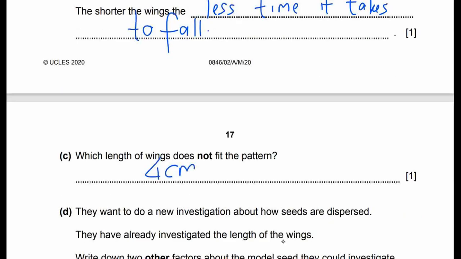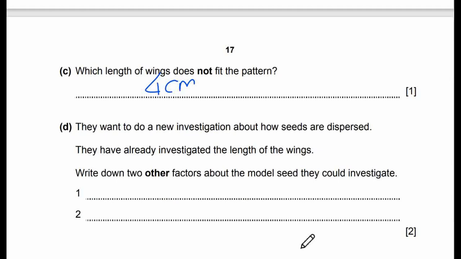They want to do a new investigation about how seeds are dispersed. They have already investigated the length of the wing. Write down 2 other factors about the model seed they could investigate.